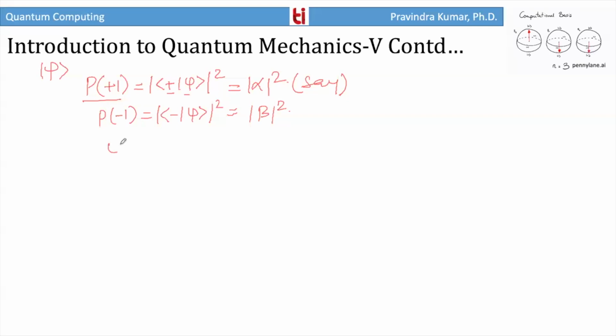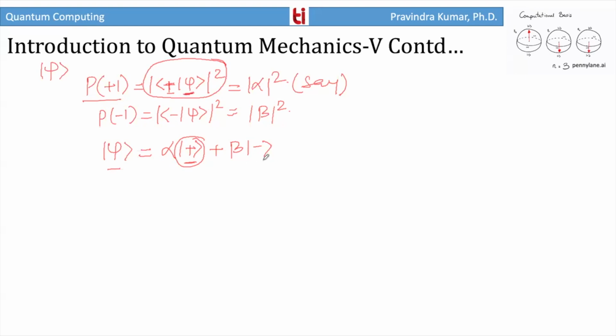So here the quantum state psi can be written as the superposition of the eigenstates of Pauli X, that are ket plus and ket minus. So psi is alpha ket plus plus beta ket minus, and the probability of getting ket plus is alpha square, or you can say the mod square of the inner product of eigenstate plus and the actual quantum state psi.